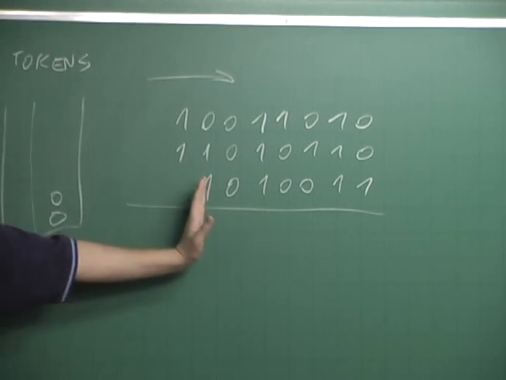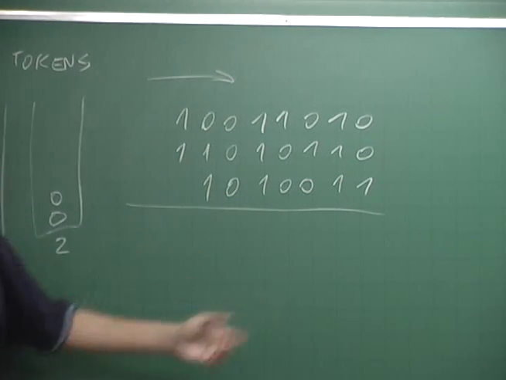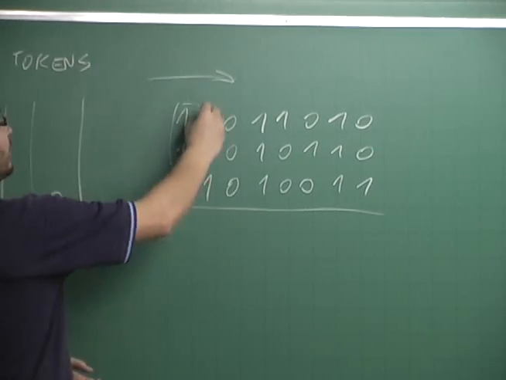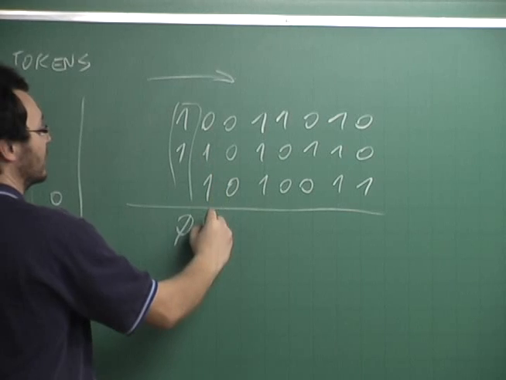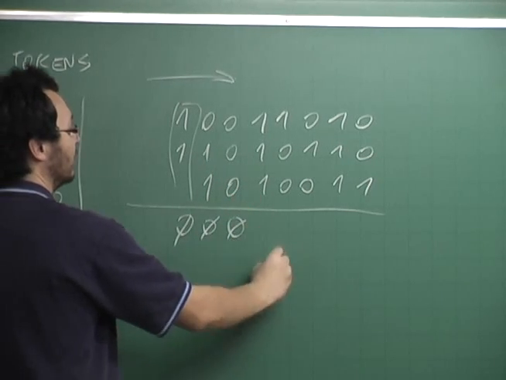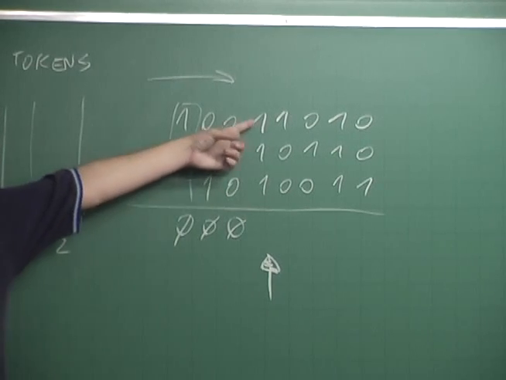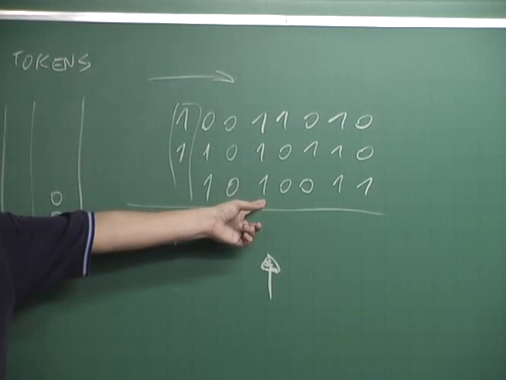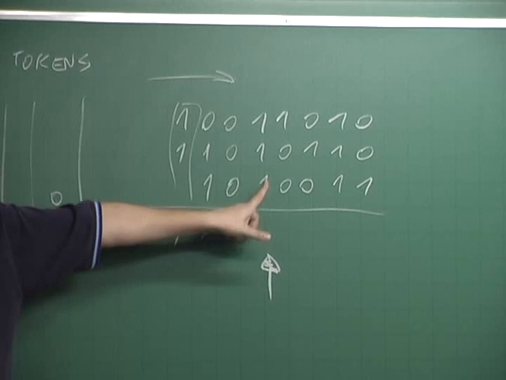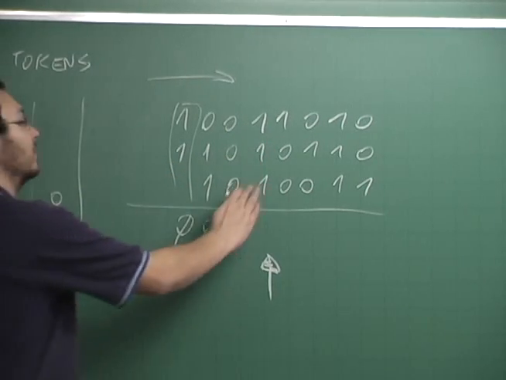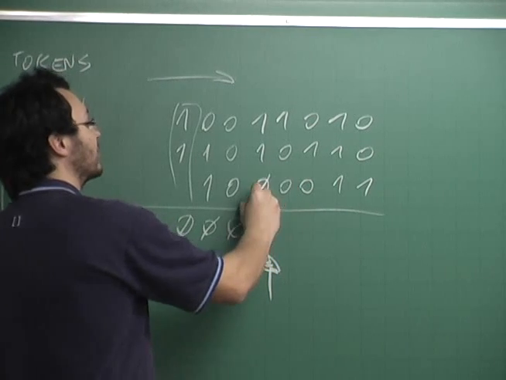We will examine the columns one by one until we find one where the XOR is not 0. So here the parity is 0, here as well, and this is the column we wanted. Here there is an odd number of 1s. So we pick one of these, any one, for example this one, and we change it from a 1 to a 0.